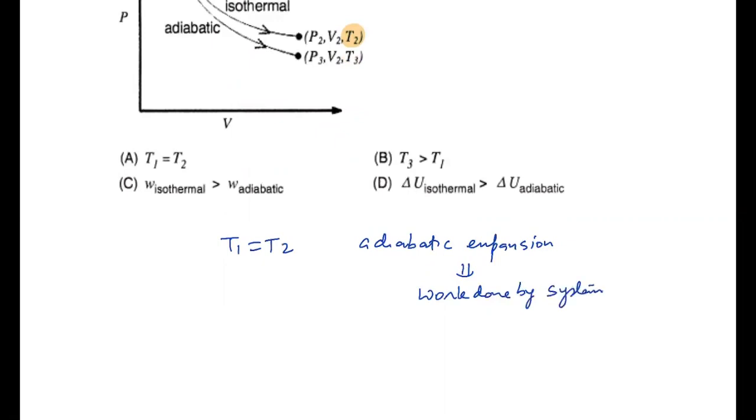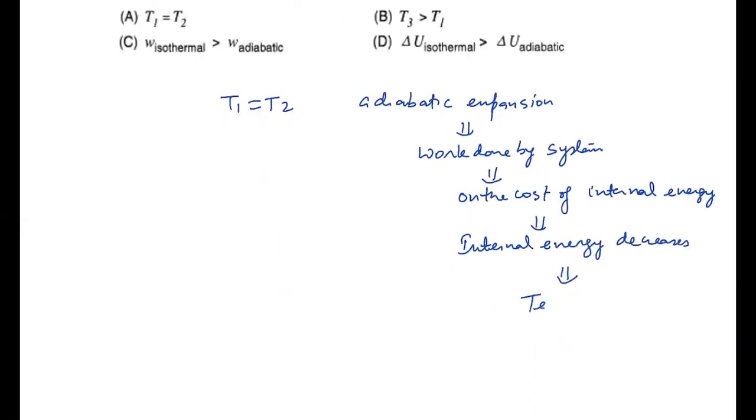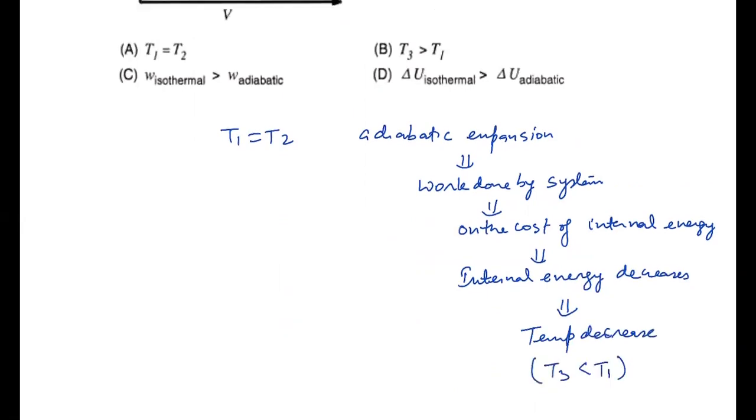So if it is work done by the system, it will be at the cost of internal energy, and that means internal energy will decrease. If internal energy decreases, that means temperature will decrease. If temperature decreases, T3 will be certainly less than T1. So option B is incorrect.